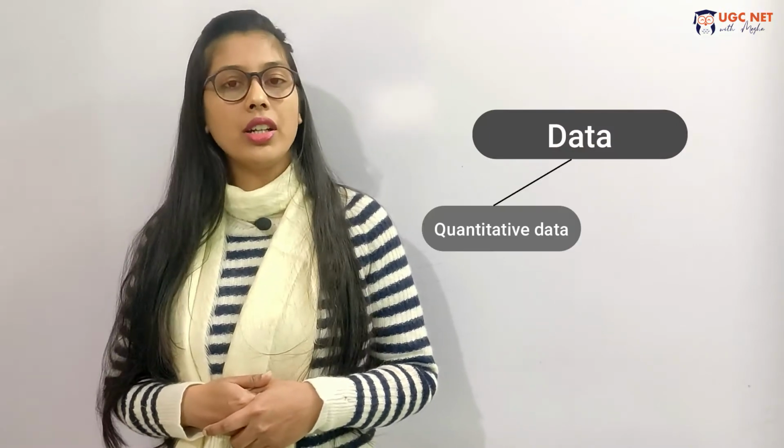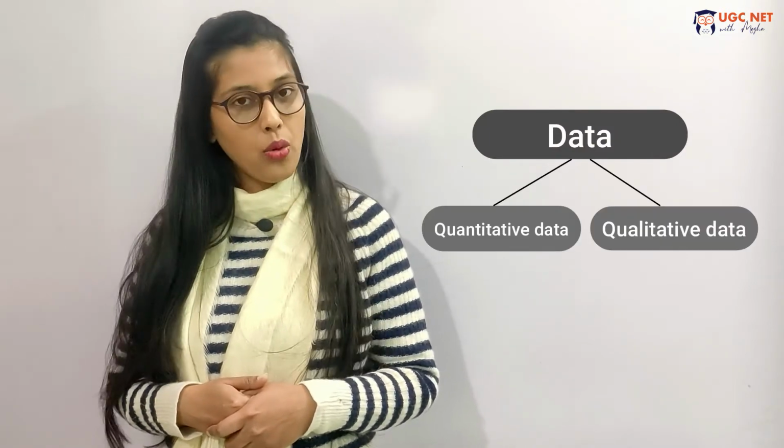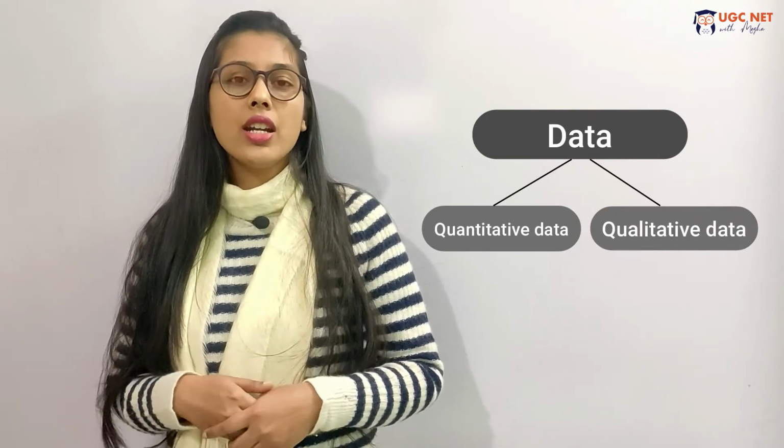Now the data is of two types. One is quantitative data and another one is qualitative data. Quantitative data deals with the quantity aspect of the data, that is numbers and figures. And qualitative data particularly deals with qualitative aspects like the height of an individual, not in numbers but who is taller and who is shorter.